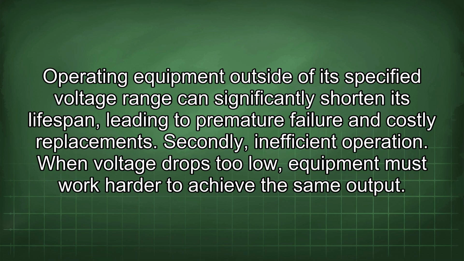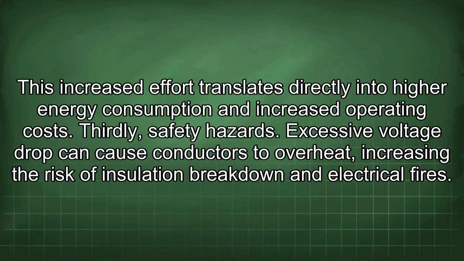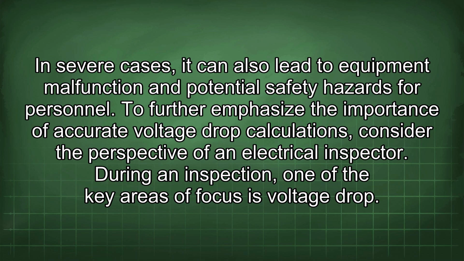Secondly, inefficient operation. When voltage drops too low, equipment must work harder to achieve the same output. This increased effort translates directly into higher energy consumption and increased operating costs. Thirdly, safety hazards. Excessive voltage drop can cause conductors to overheat, increasing the risk of insulation breakdown and electrical fires. In severe cases, it can also lead to equipment malfunction and potential safety hazards for personnel.